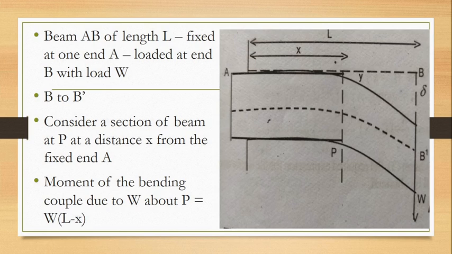The beam will bend, and you can see the bending of the beam in the picture. Initially the free end was B. After loading the weight W, B is depressed to the position B dash.